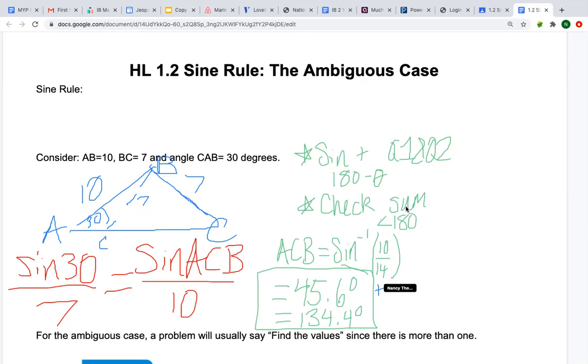So I would have to add 30 degrees to this one, and that gives me 75.6, and that one works, so we're good. And then I add 30 to this one, and it's 164.4, and that is less than 180 as well. So both of these triangles are possible. Now in a couple seconds, I'll go over the other types of examples that you might see on Delta Math. But for now, that's it.